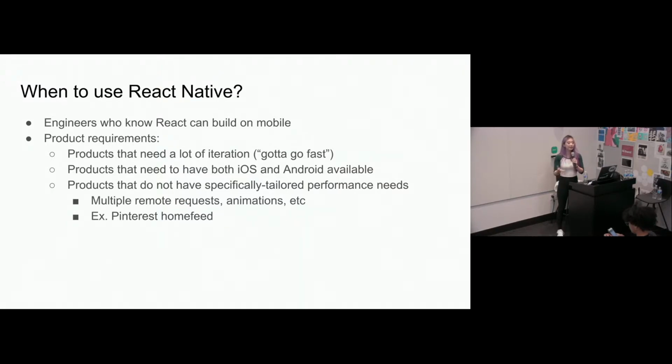Like I've said, React Native is pretty performant in comparison to most use cases for native code, and there are some cases where you need to do very custom things. For example, the Pinterest home feed, you have a zillion images, you have a zillion animations going on. And so that one, aside from the debate of whether to use React Native for something that you need high performance on, you probably already need to do very custom performance-related workarounds for that. But that is a consideration to think about.